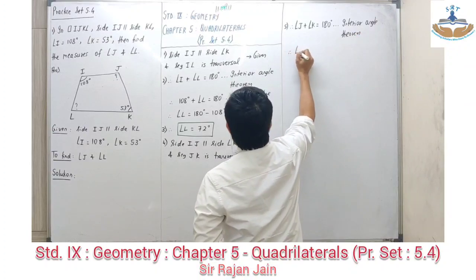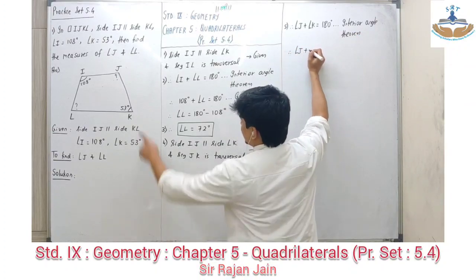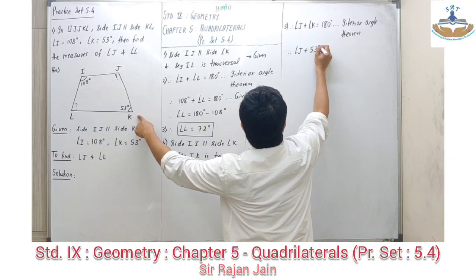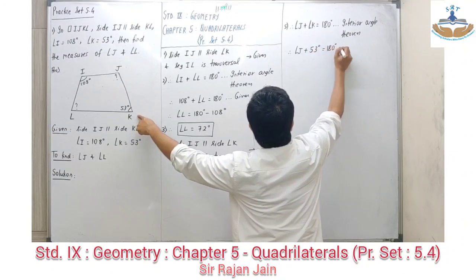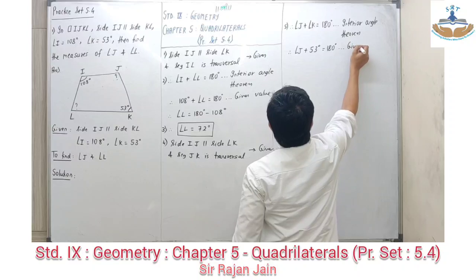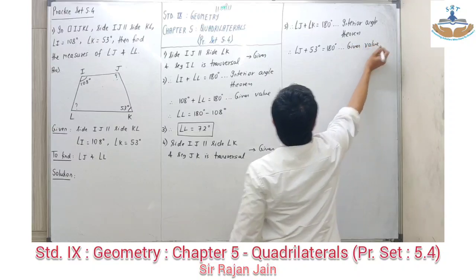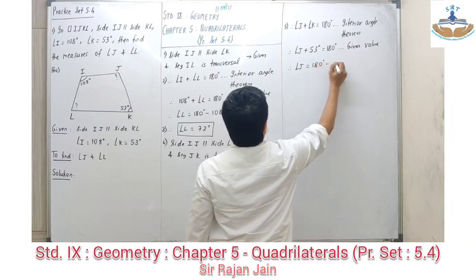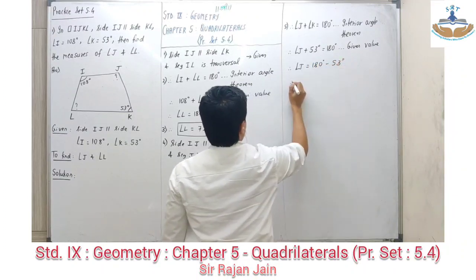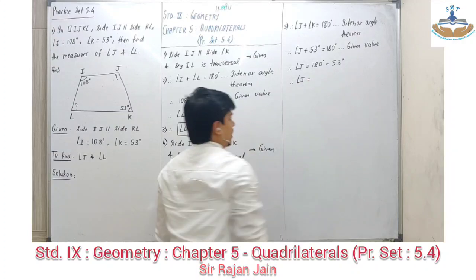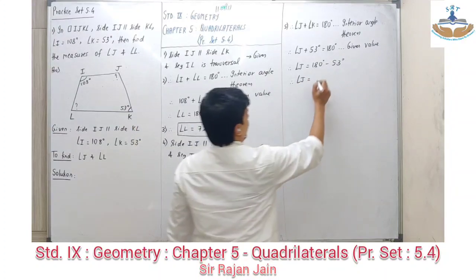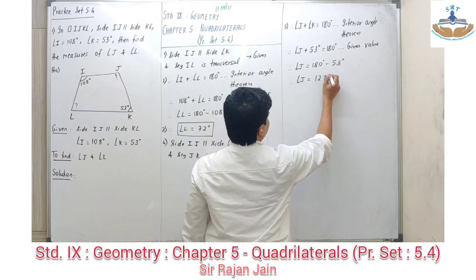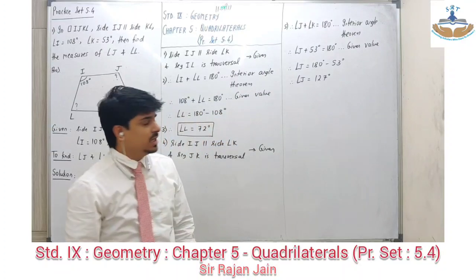Therefore angle J we don't know, plus angle K, in place of that you will write 53 degrees, is equal to 180 degrees. Reason, you will write given value. Therefore angle J will be 180 degrees minus 53 degrees. Therefore angle J will be equal to 127 degrees. Is that clear?